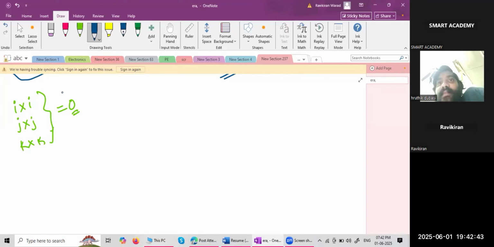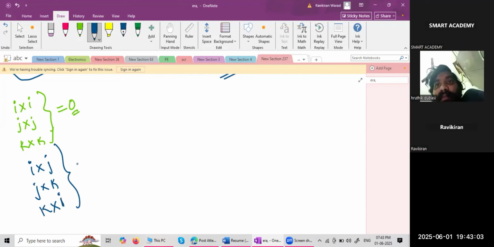Before this, one more point we discussed, that is the second set of notation. The dot product of two different vectors is 0. But here, any guess? The cross product of two different vectors is 1.